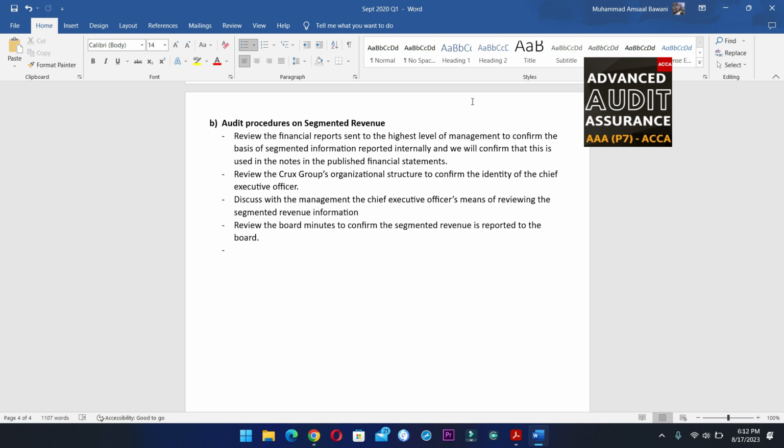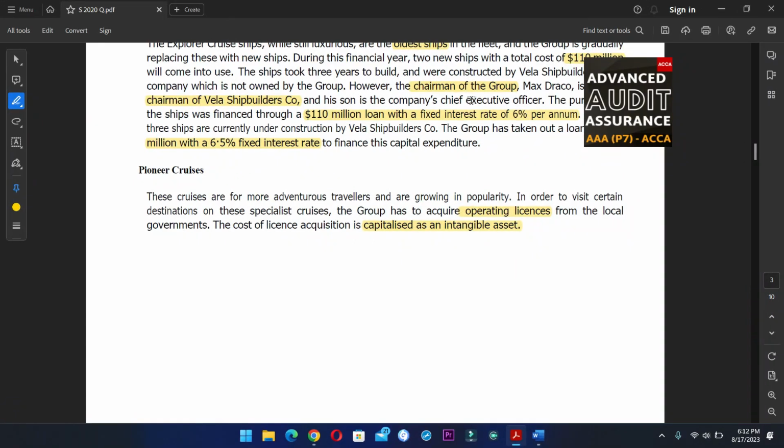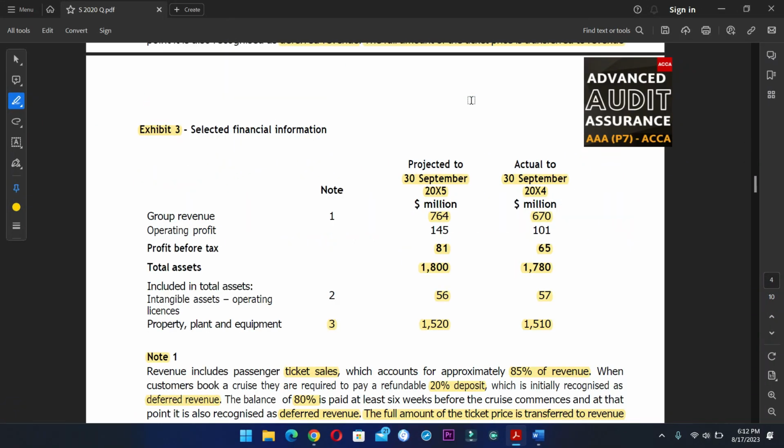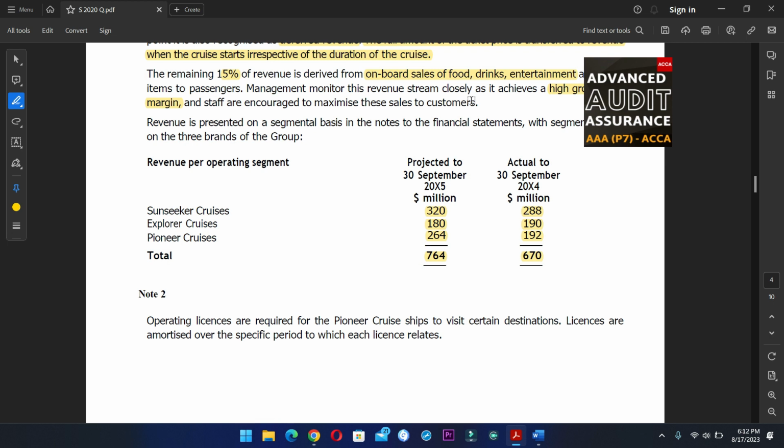And what else can we do? One thing is coming to my mind. Let's scroll down. We are given the segmented revenue, but we can obtain a breakdown of this segmented revenue, that is the Sunseeker Cruises breakdown, to confirm that this total of $288 million and $320 million of projected revenue from Sunseeker Cruises actually pertains to this segment, right?